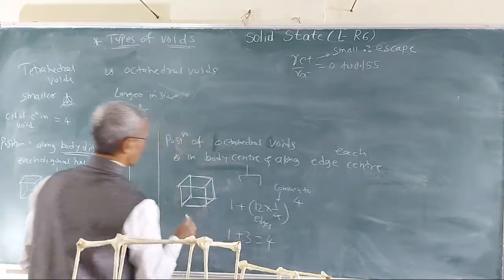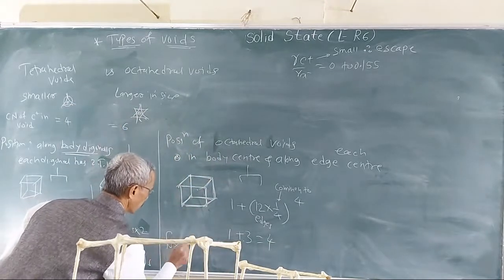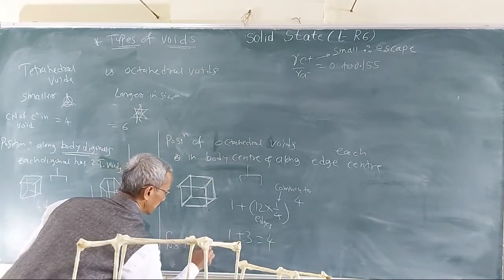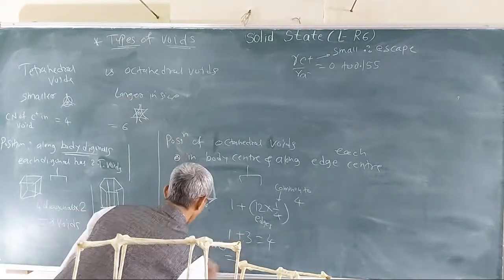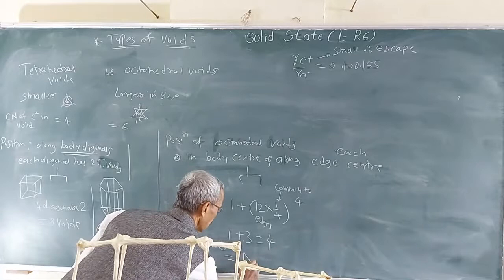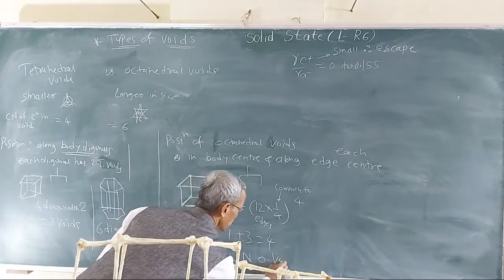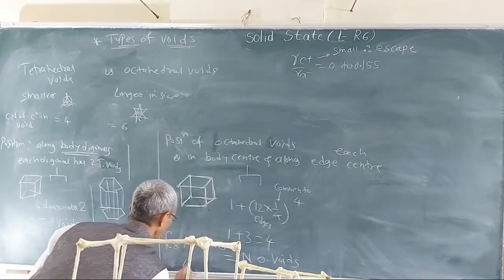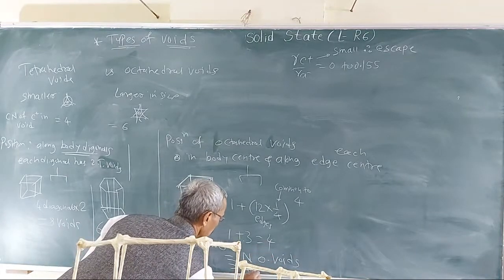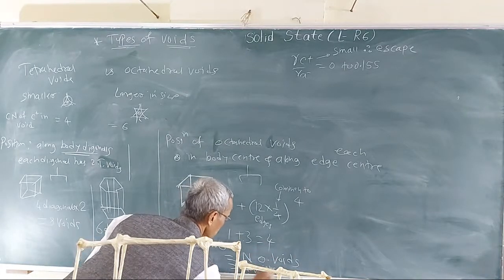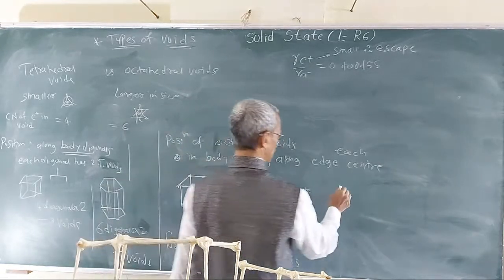So here for n atoms, there will be n octahedral voids. If there are 4 atoms, then there will be 4 voids. Of course, octahedral.